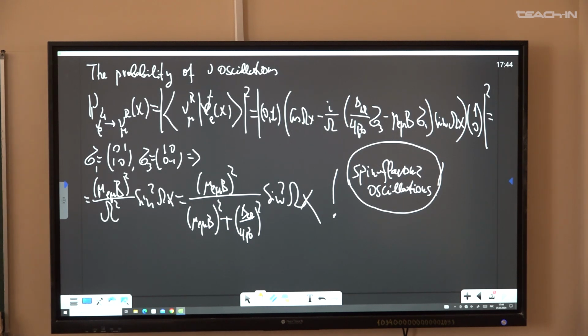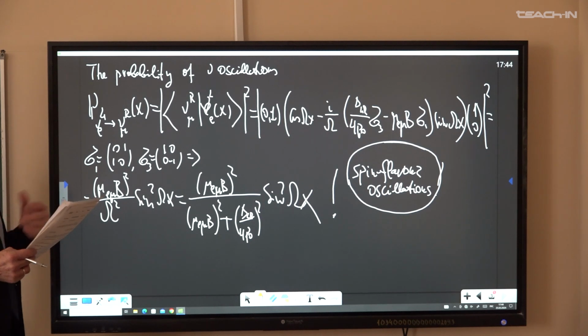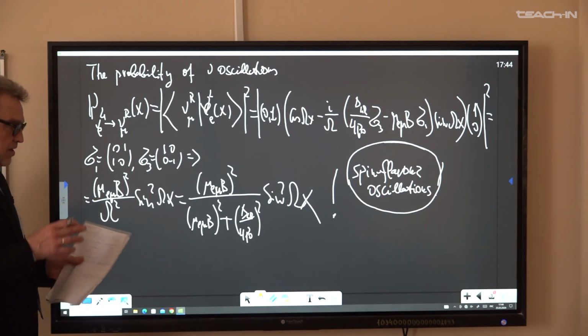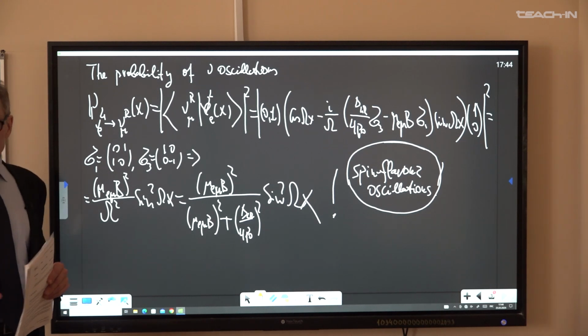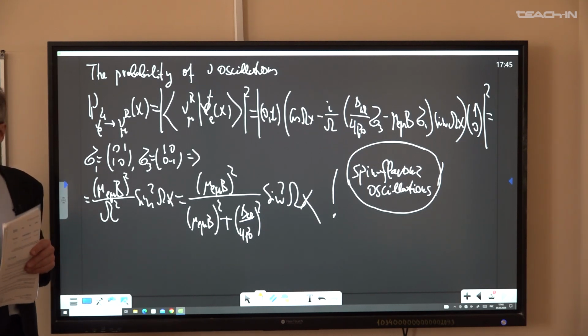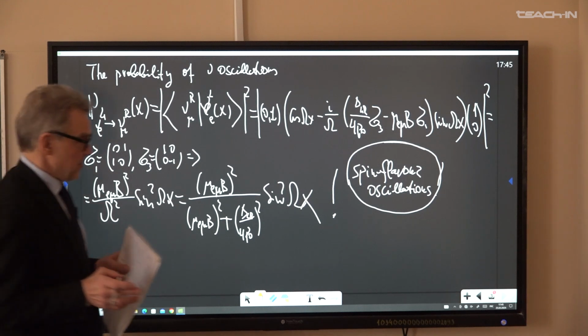And normally people consider these two types of oscillations, mixing and the oscillations, like a separate phenomenon. And I would like to recall the correspondence, in a sense, between these two effects first.